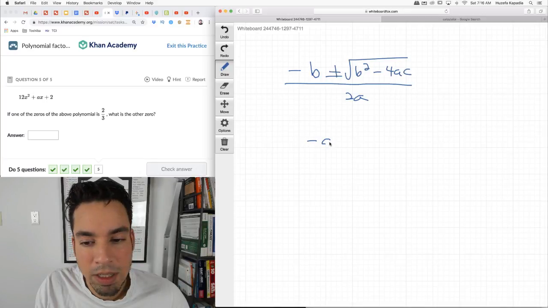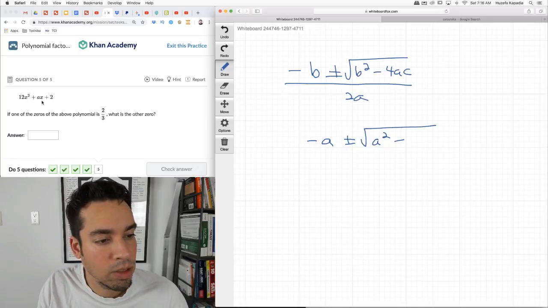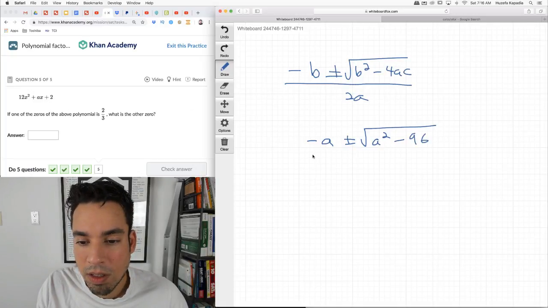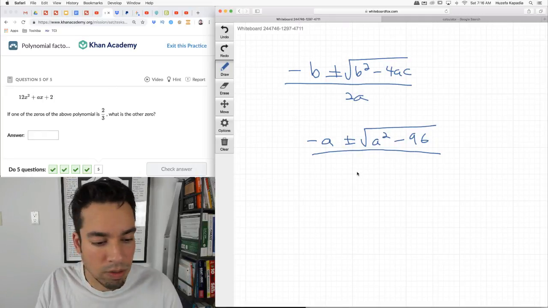So my b is a in this case. Negative a plus or minus square root of a squared minus 4 times a times c. My a is 12, my c is 2. So 48 times 2 is 96. Over 2a, 2 times 12, which is 24.